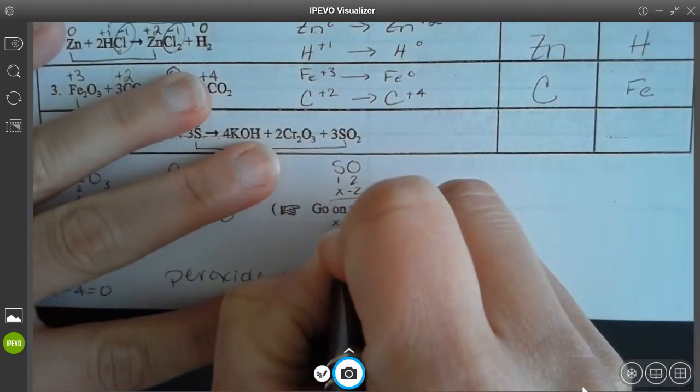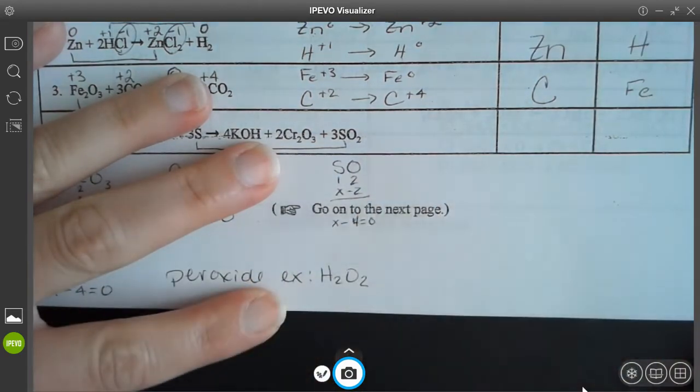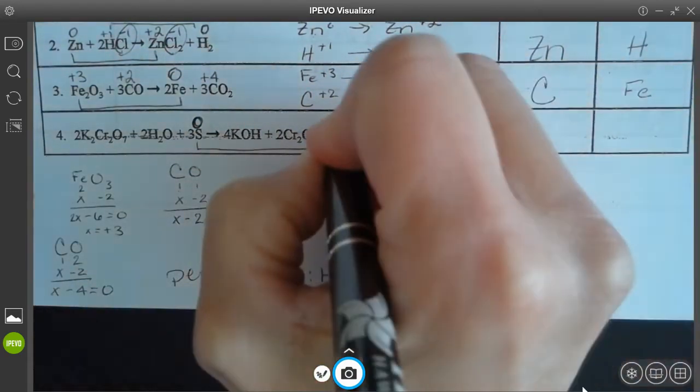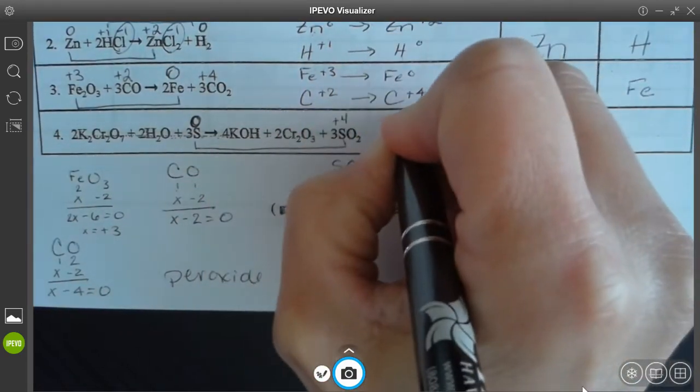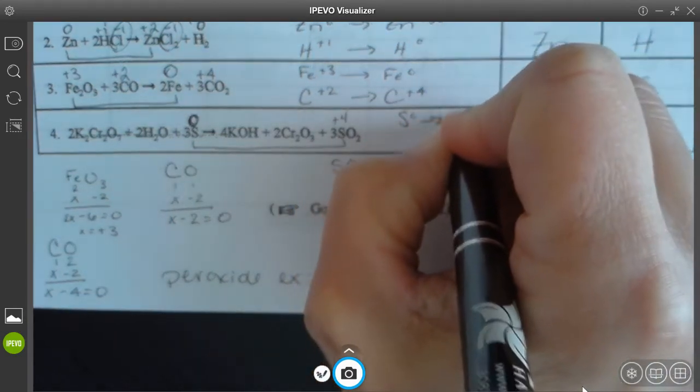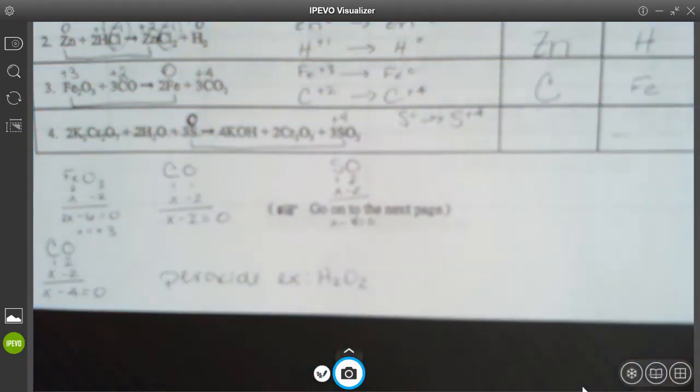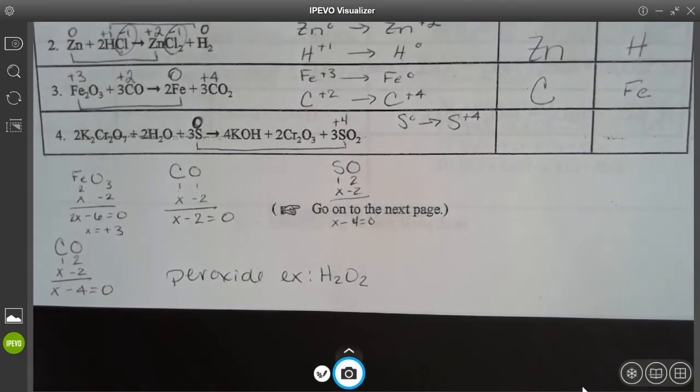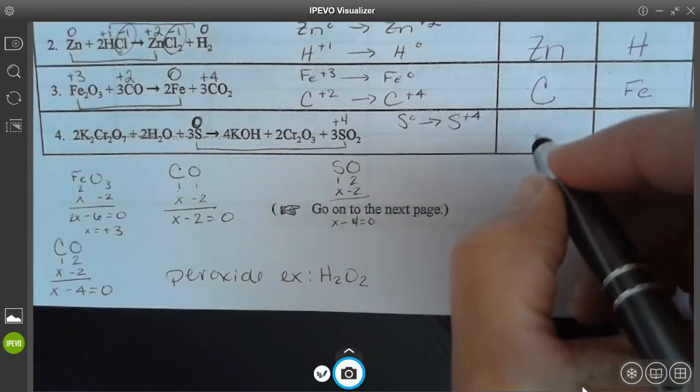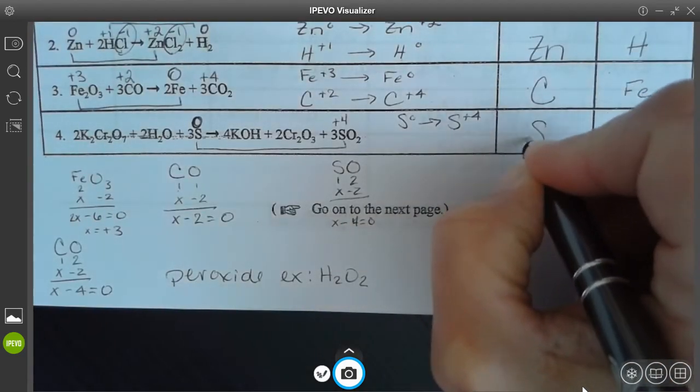So X minus 4 equals 0. So sulfur is going to be a +4. So sulfur goes from a 0 to a +4, which we'll learn how to balance another day, because these charges aren't balanced, but we will learn. Okay, so we are losing electrons because we got more positive, so sulfur goes here.